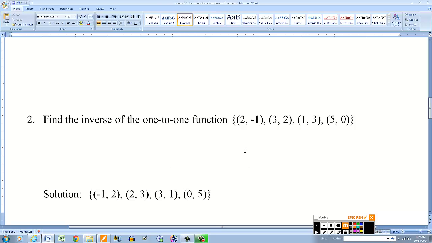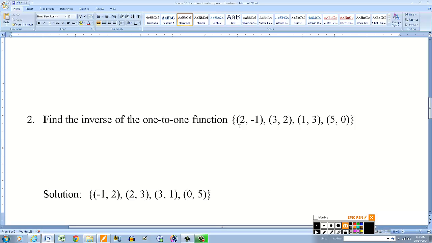Now I want you to keep in mind that because you do that, the domain of the function, in this case consists of 2, 3, 1, and 5. The domain of the function is the same as the range of the inverse, okay? Because remember, the domain is given by the x values.